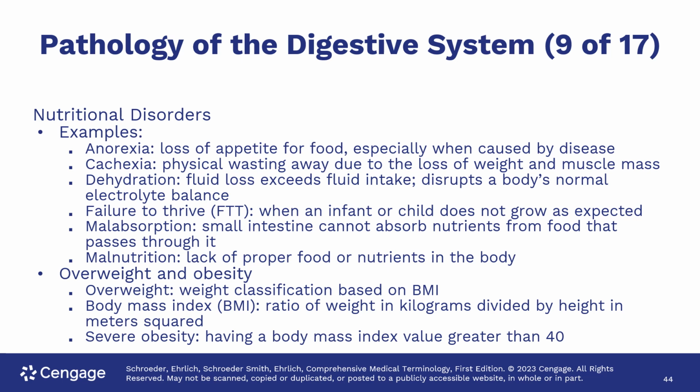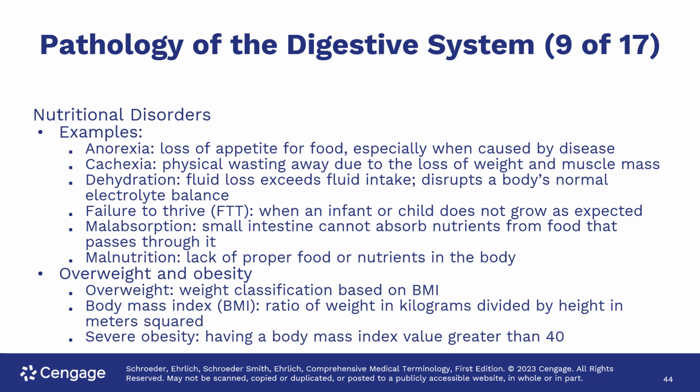Disorders of nutrition include anorexia, which is also a mental health disorder. Cachexia is where the body is wasting away due to loss of muscle mass and weight, which can be a sign of an anorexia or a chronic condition such as cancer. Failure to thrive is a pediatric term when babies or children don't meet their growth and development expectations.